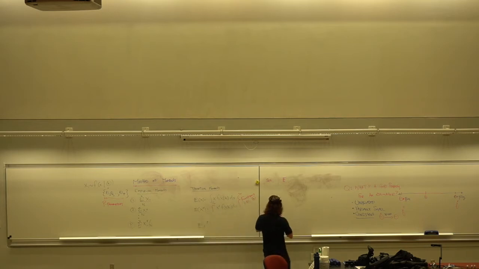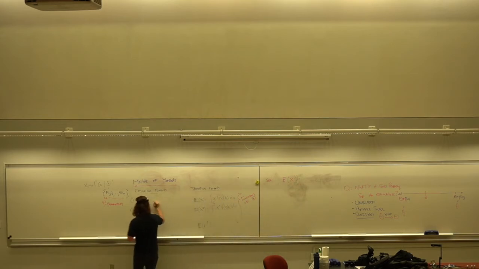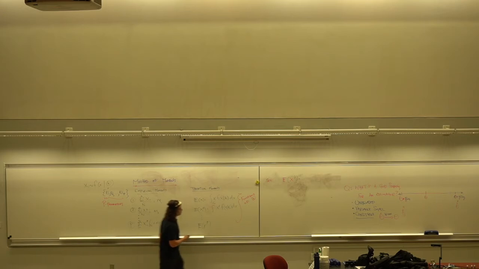So I'm going to set the expectation of x raised to the j power equal to, and let's give these some names. I'll call this M1, this one's M2, dot, dot, dot.